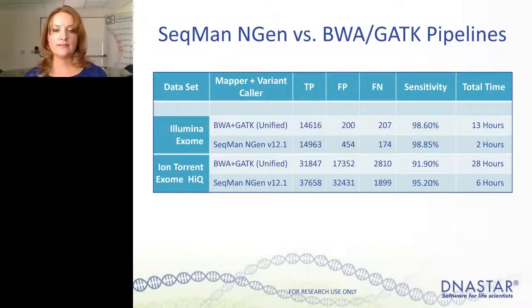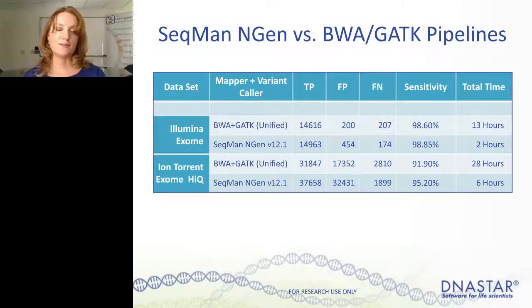And then for the second one, we did an Ion Torrent exome from the HiQ. And you can see that typically the SeqMan Engine had higher sensitivity in both cases. A little bit higher with the true positives here, a little bit lower with the false negatives.